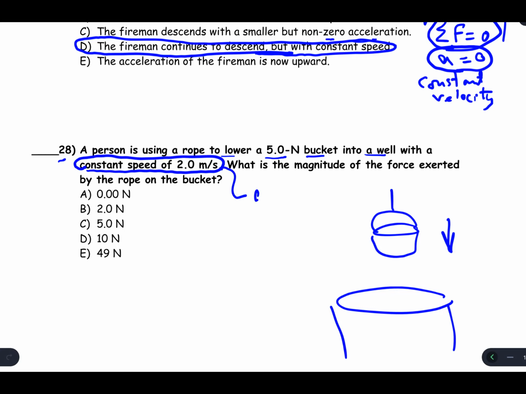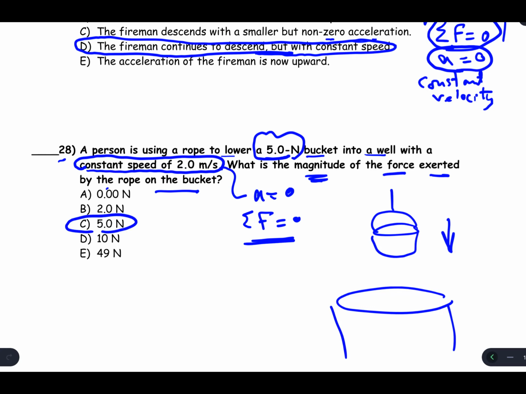Constant speed means the acceleration equals 0, which means the net force equals 0. What is the magnitude of the force exerted by the rope on the bucket? The same as the weight, to get a total net force equal to 0. Why did I say that? Because of the word constant, the acceleration is 0. So the answer is C.